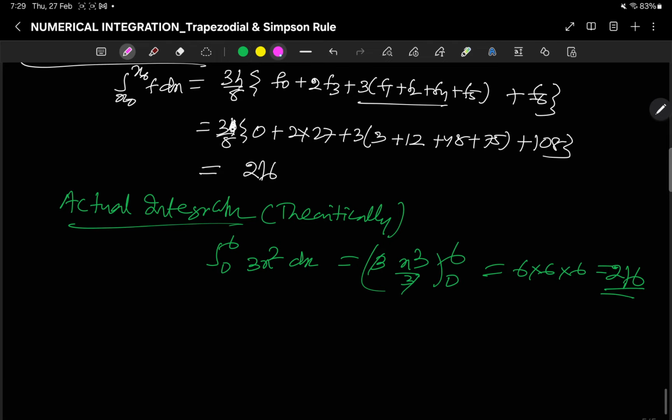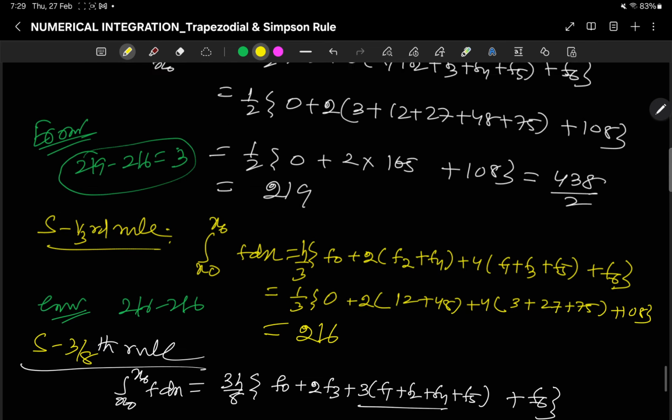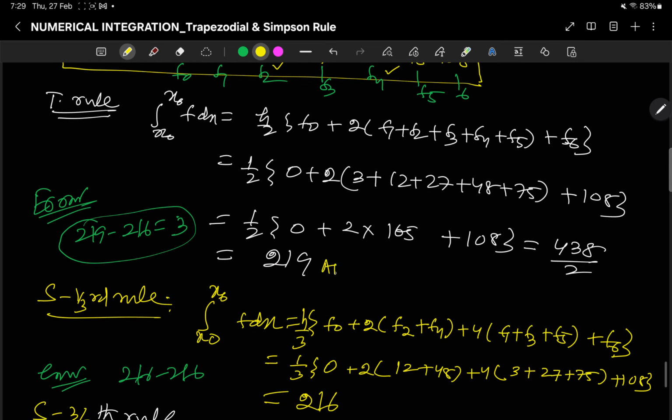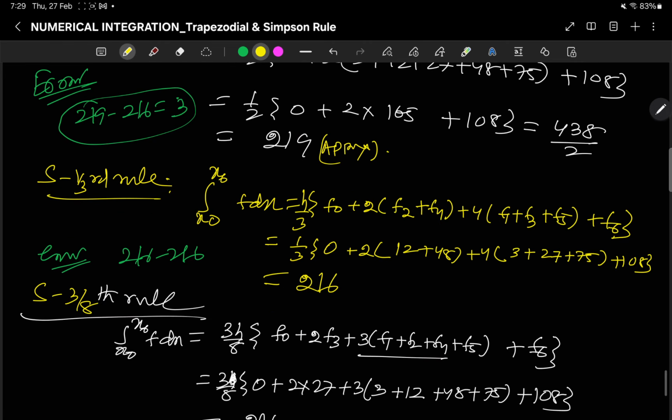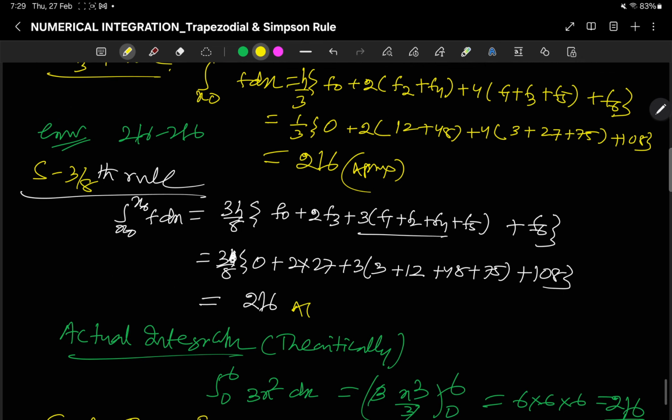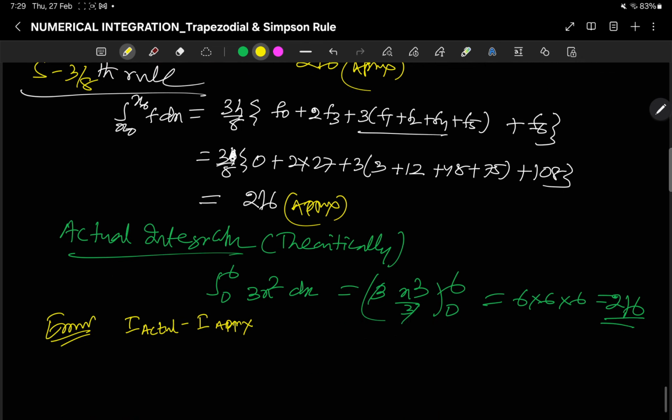Actual minus approximate. Here what is the error? The error here is I actual minus I approximate. This is what we are getting approx, means numerically we are doing it. This is approx, and this is also approx, but this is your actual.